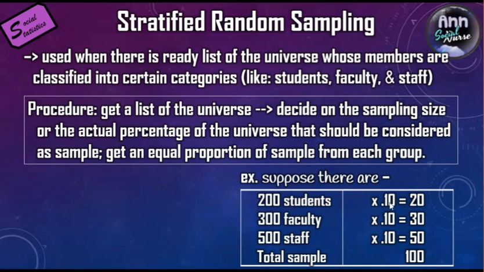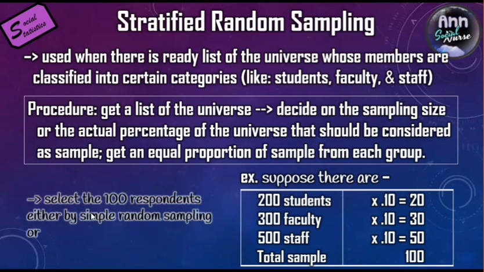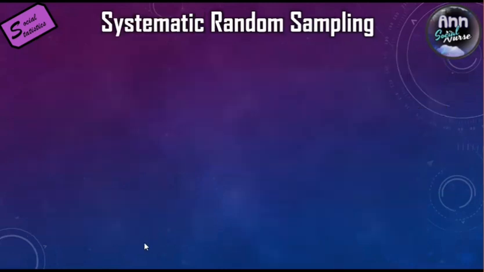So in proportion, you're going to have 10% from each of the categories, and thereby you'll have 20 from 200 students, 30 from 300 faculty members, and 50 from 500 staff, from the 100 respondents, either by simple random sampling selection or systematic sampling.